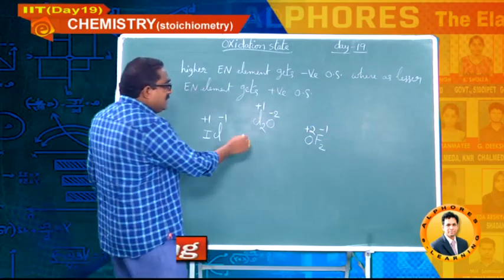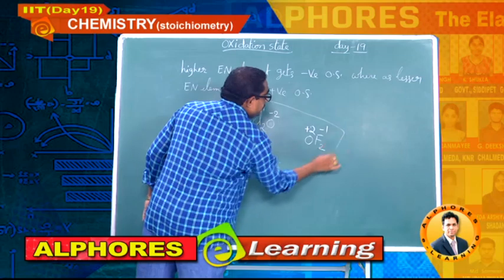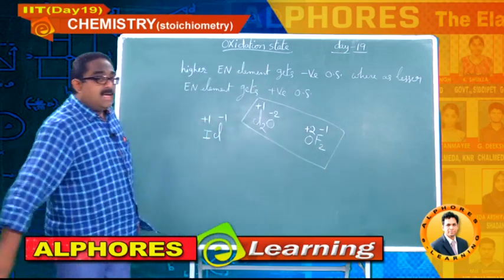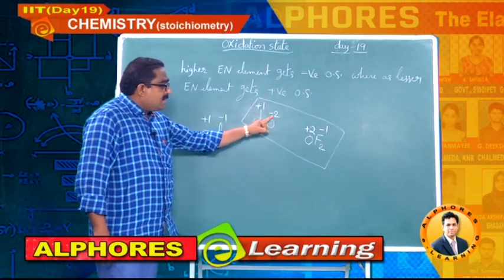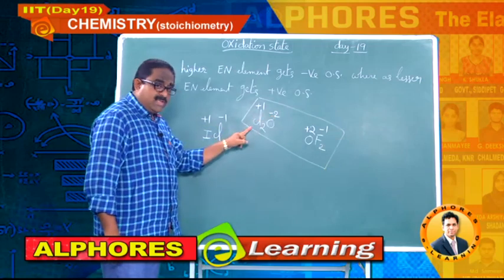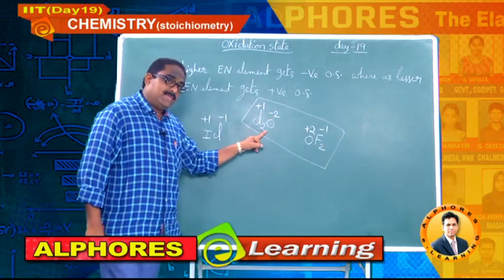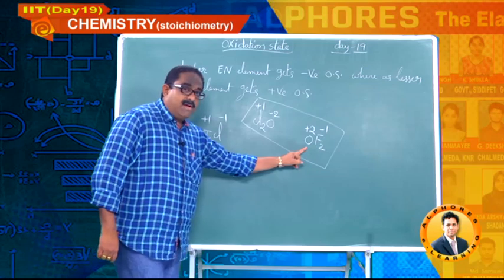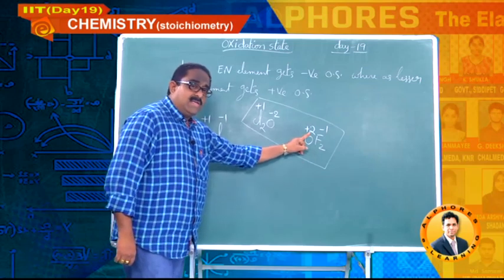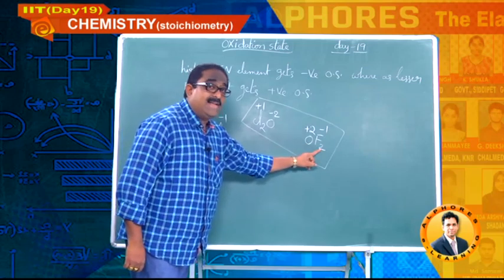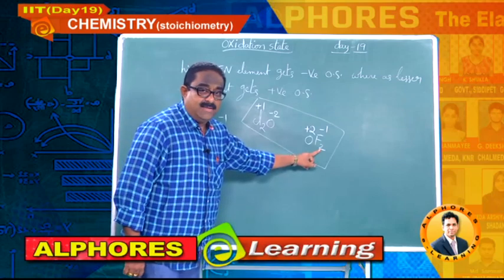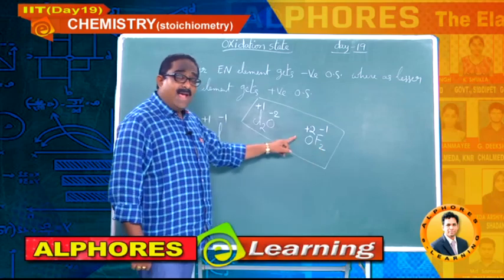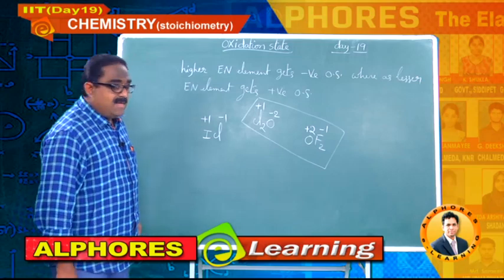See, if you observe these two compounds, here in this compound oxygen is -2, chlorine is +1 because oxygen is more electronegative. Same oxygen in this compound has a positive oxidation state, whereas fluorine has a negative oxidation state because fluorine is more electronegative than oxygen.